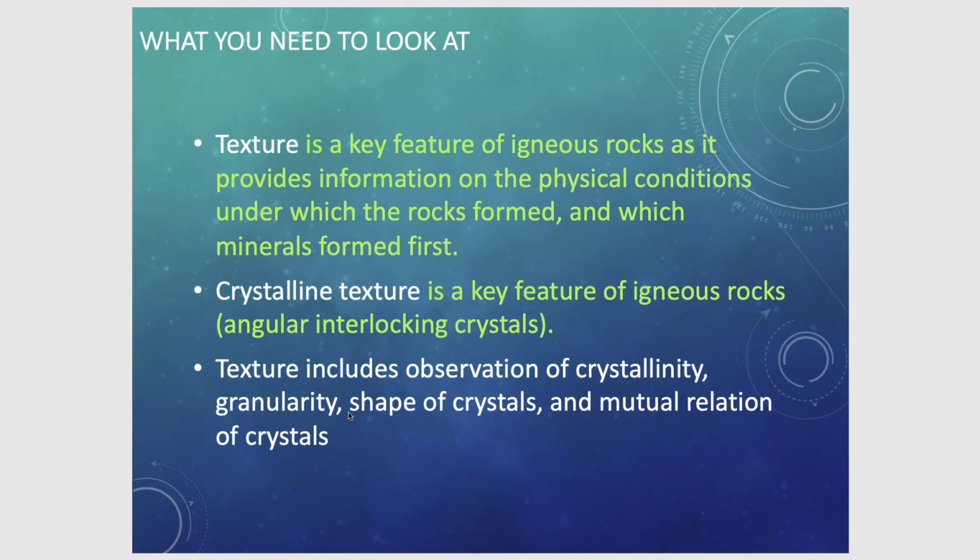So it could form within a vein, within a fracture, and doesn't really have the proper symmetry. So it's important to realize this concept and to be able to describe this as part of the textural features of a rock. So I might ask you, for a specific rock, what are the euhedral minerals? So discuss what minerals have a proper shape versus minerals that don't really have a proper shape.